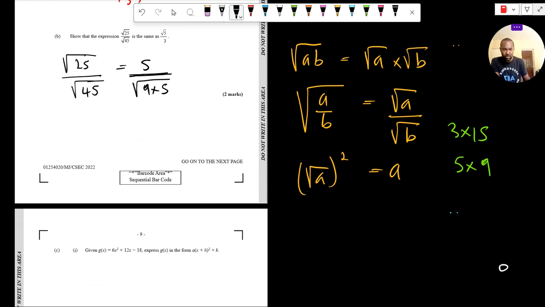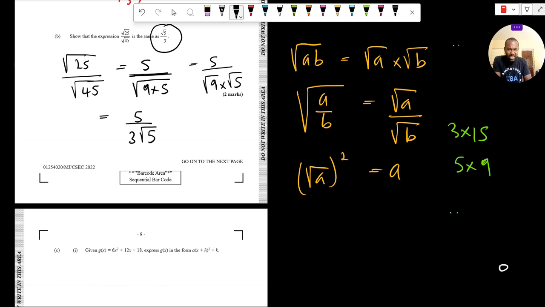From the laws of surds, the first one in particular, this is the same thing as 5 divided by root 9 times root 5. Of course, 9 is a squared number, and so this becomes 5 over 3 root 5. Now that we have gone this far, we have a surd in the denominator, and if you notice in the result that it wants us to show, there is no surd.